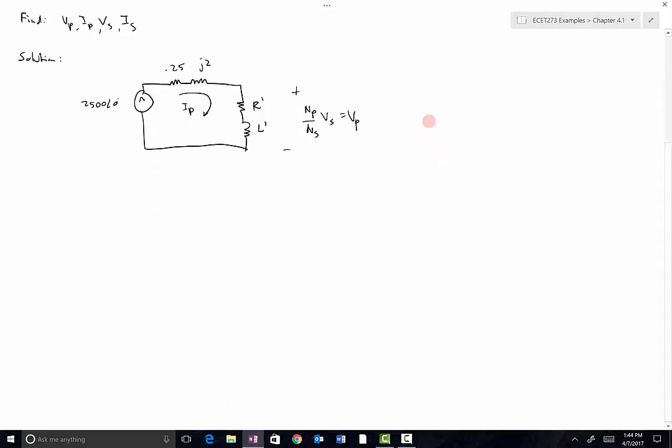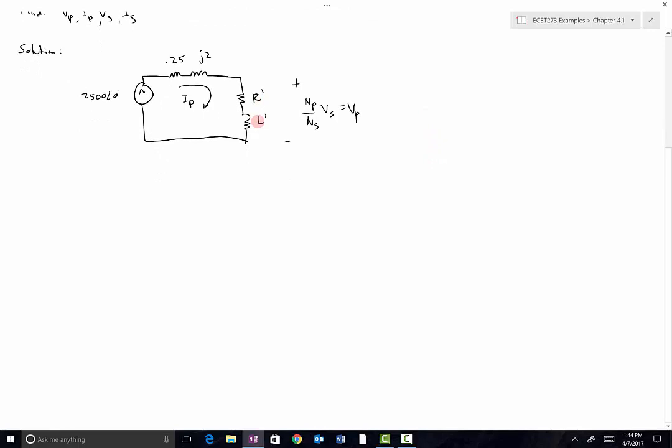The only thing that we're missing is what R prime and L prime are, the referred quantities. Impedances are referred using the square of the turns ratio. So this is going to be equal to 10 to 1 squared times 1 plus J0.5.